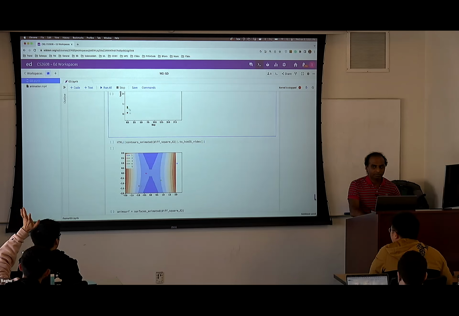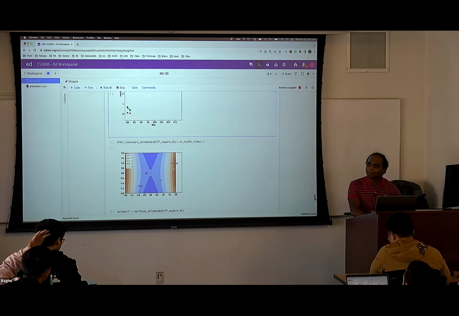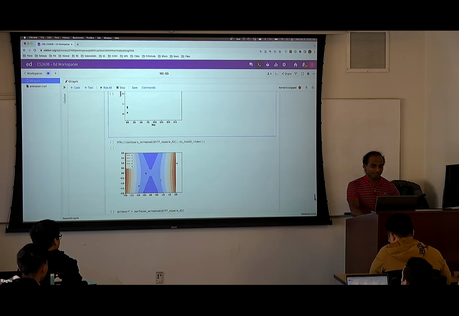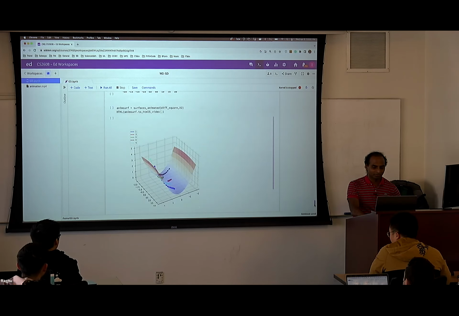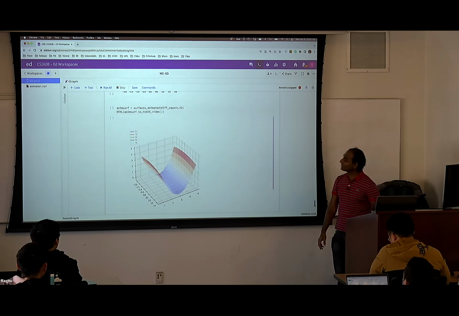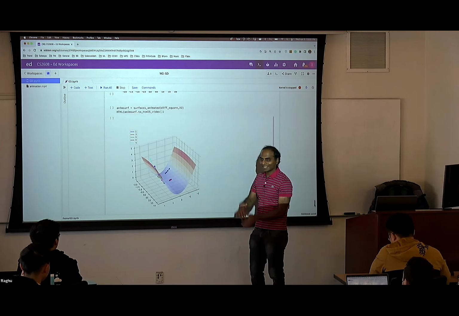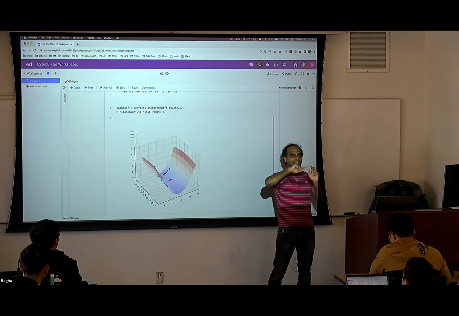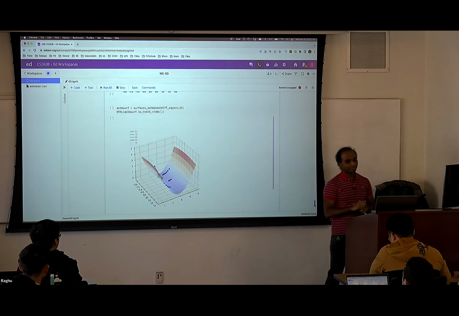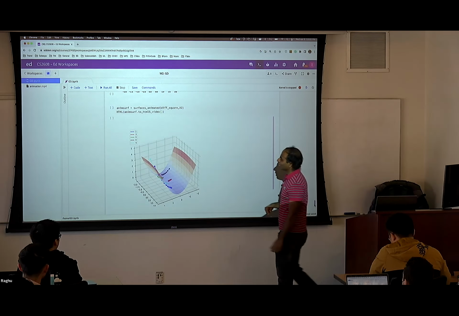Comparing starting position and step size, which one matters more? In this case, I'd say starting position matters, and you can actually see it here. If you draw the plot, it has a saddle in between, like a horseback saddle, and where you are can really change things.